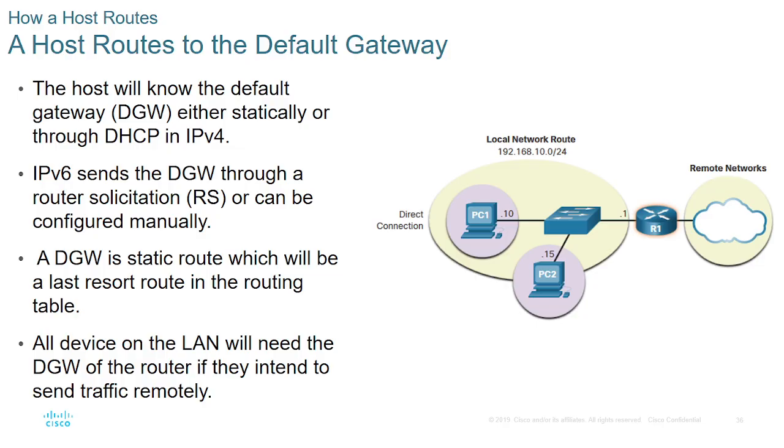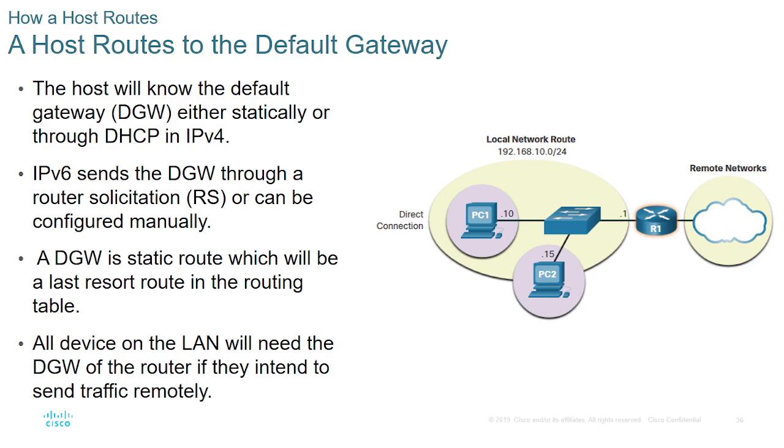A default gateway can also be a static route, which is a gateway of last resort. As explained earlier, routers are responsible for sending traffic outside your network. But if they're going to send the data outside your network, they need to know where to send it. Sometimes a router may not know which network to send the data to. For that reason, they'll have a static route called a route of last resort.